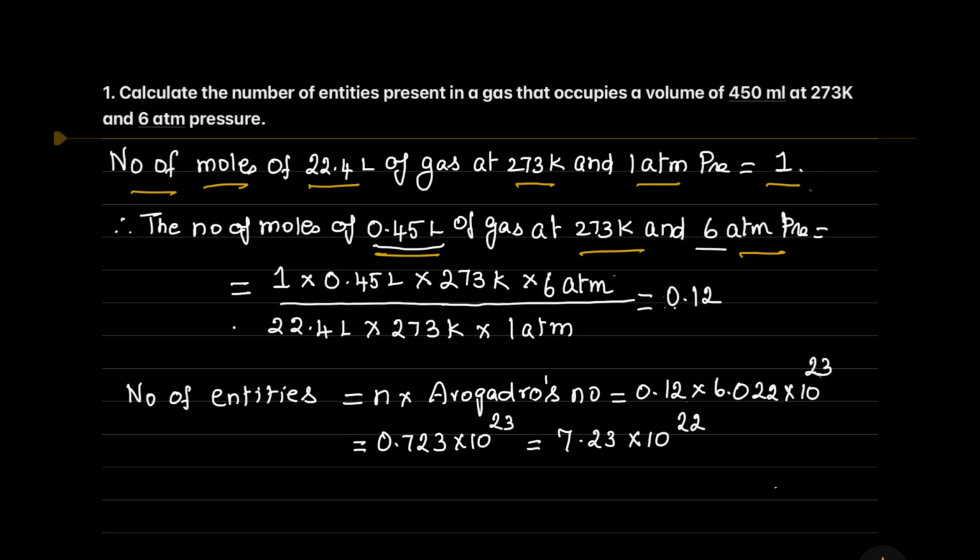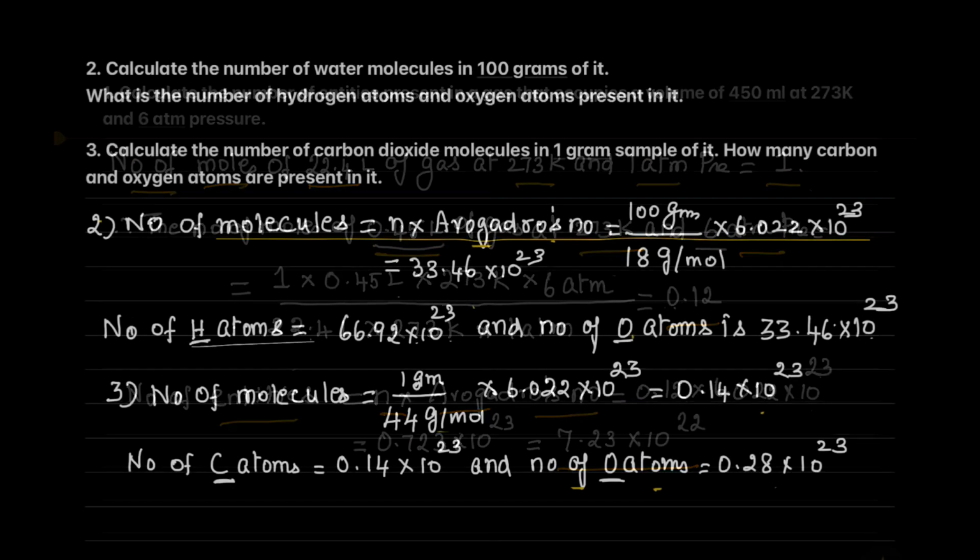Having calculated N, we can calculate the number of entities, that is N into Avogadro's number, which gives the answer 7.23 into 10 raised to the power of 22. This is the number of entities present in the gas under the given set of conditions.